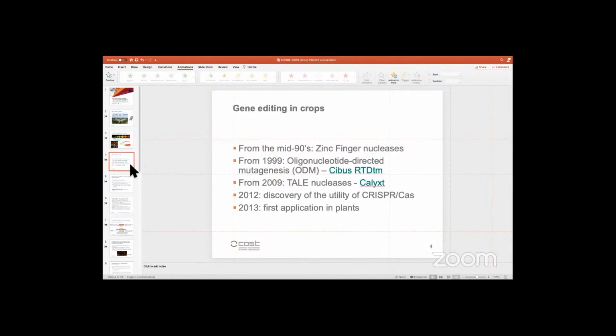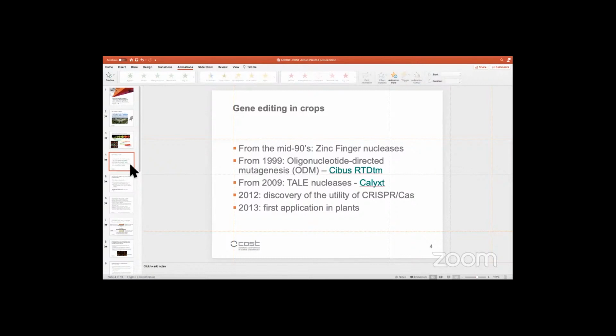But first, about gene editing or genome editing in crops. So editing in crops started way before the invention of CRISPR-Cas mutagenesis. In the mid-90s, other nucleases were used, like zinc finger nucleases. We have, from 1999, the oligonucleotide-directed mutagenesis, which one American company is using and commercializing.